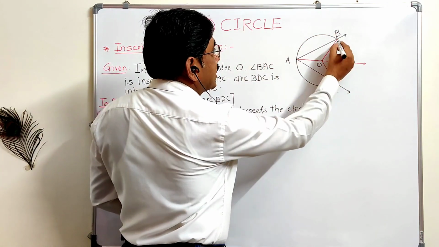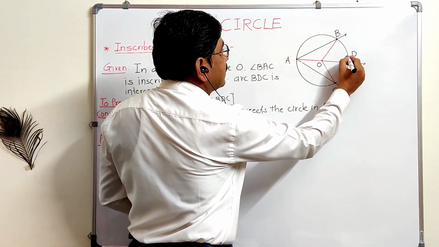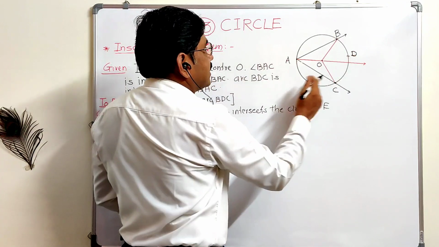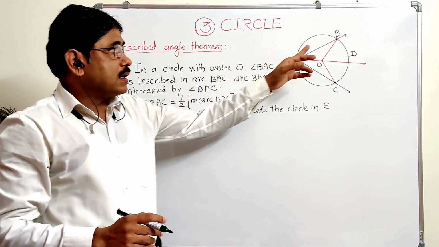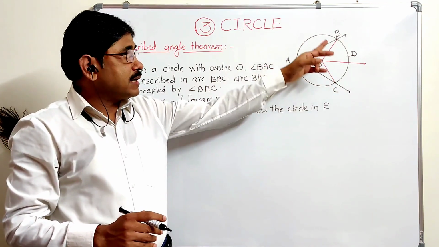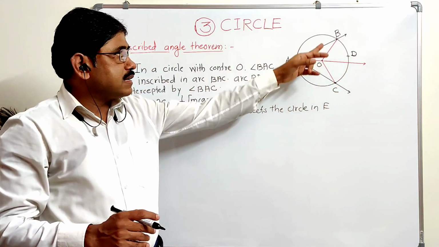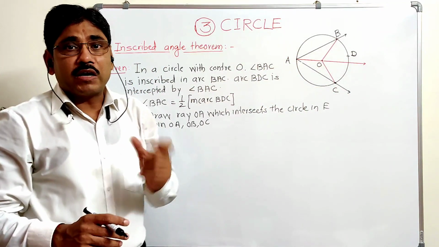These are the endpoints of arc BAC, and here it is D. Arc BDC is intercepted by this angle BAC. So here BAC is inscribed in arc BAC and arc BDC is intercepted by angle BAC, then what we have to prove?